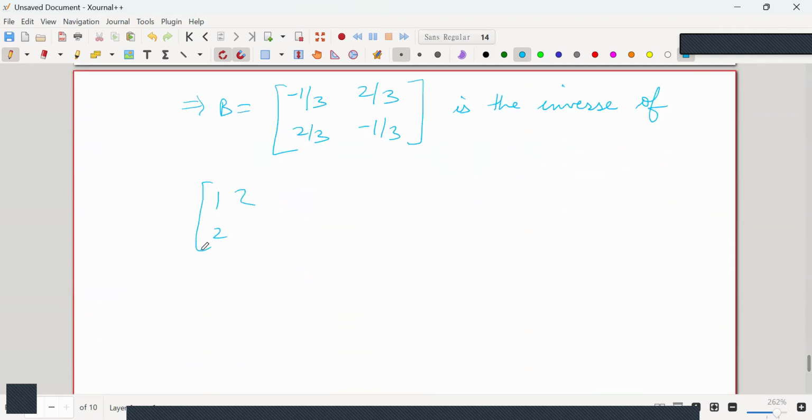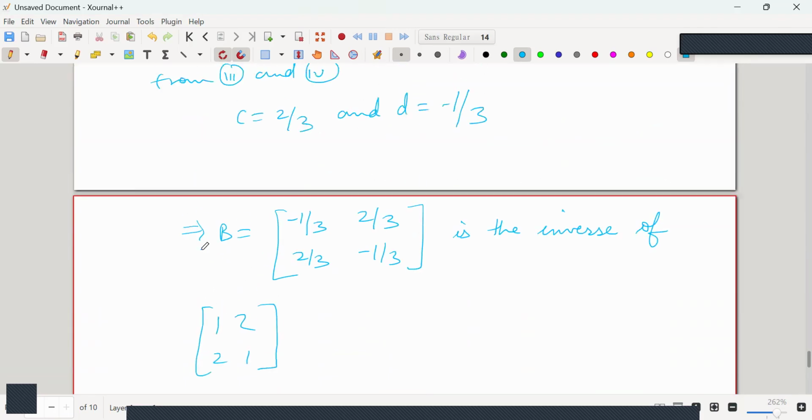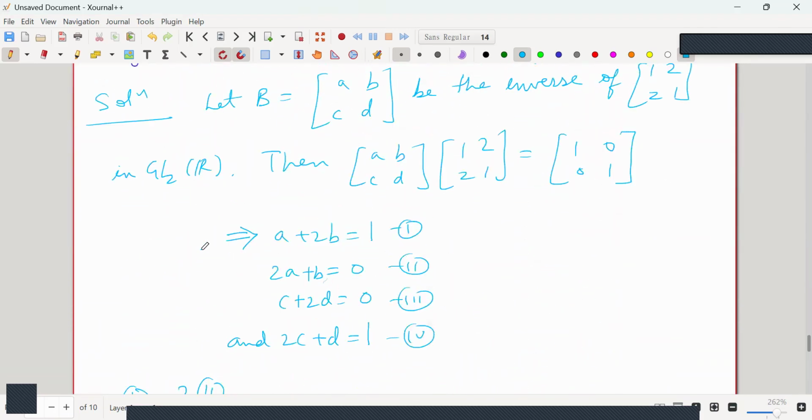You can also see from our usual trick that the determinant is 1 minus 4, that is minus 3, and then we need to interchange this, so this will remain same, and then we need to apply, so from that trick also the same answer will come, right? Okay, so this will be the inverse.